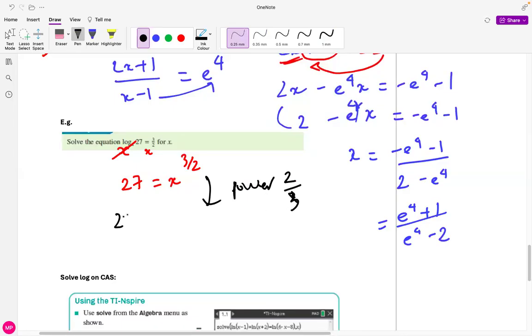So I would have 27 to the power of 2 on 3 equals x. And to simplify this, you can make 27 into 3 cubed, to the power of 2 on 3, equals x. When you multiply 3 times 2 on 3, the 3 and the 3 cancel out themselves. So you're left with x equals 3 squared, which is 9.